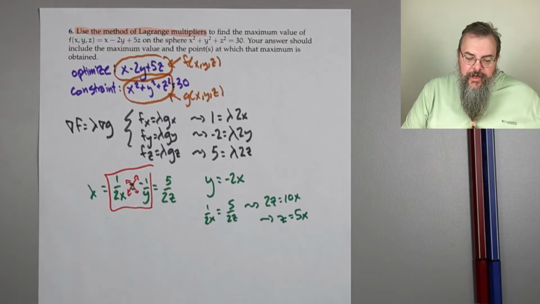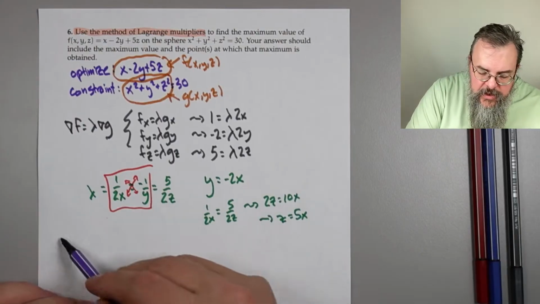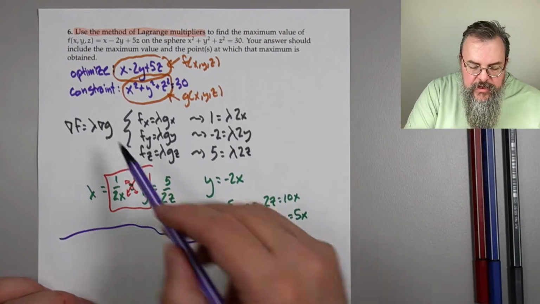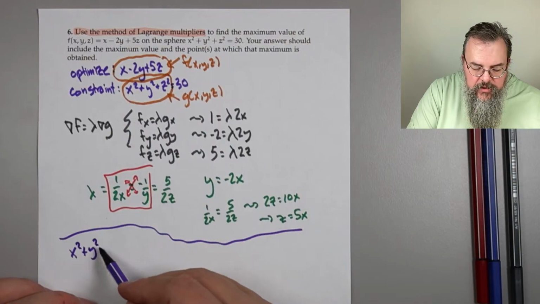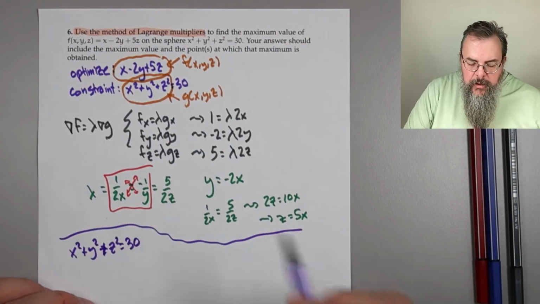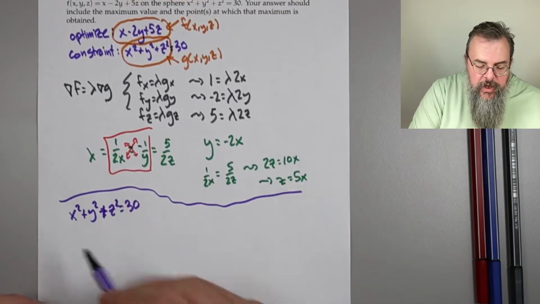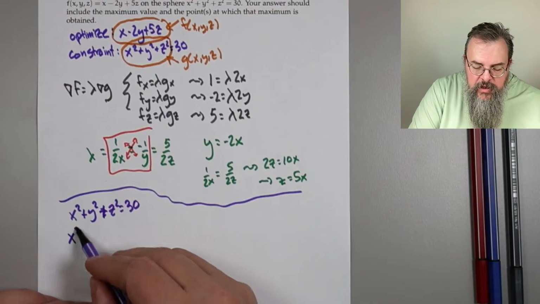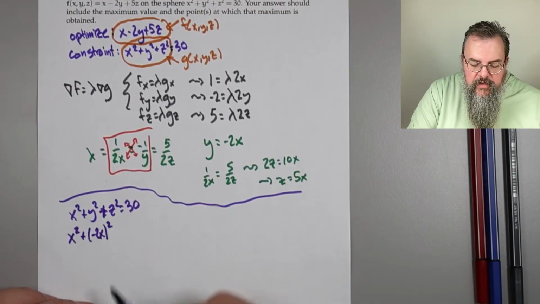All right, well, so what do we have here? Let's update. We're going to go to our constraint. x squared plus y squared plus z squared equals 30. But now we're going to use this information here. x, we're not doing anything with that, but y is negative 2x. We're going to replace that.